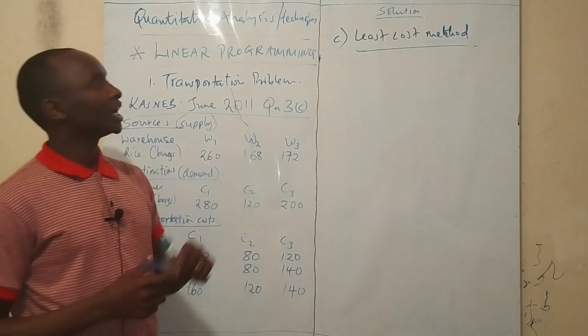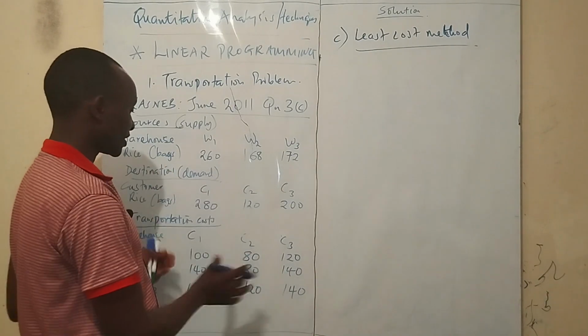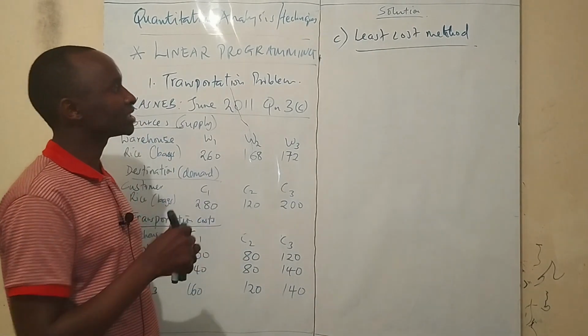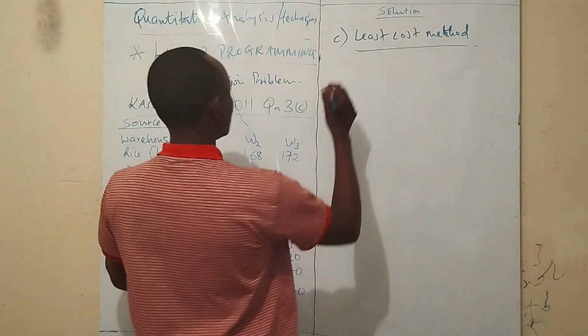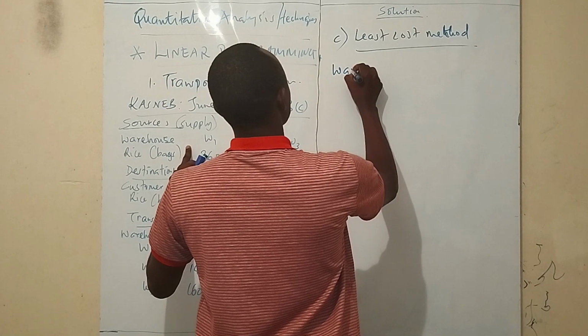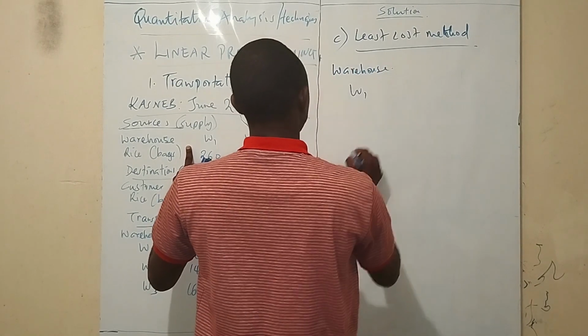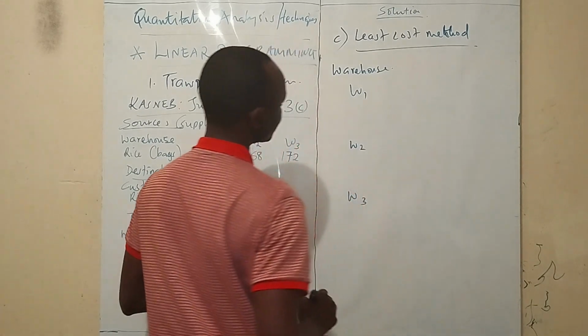You solve using the least cost method. So still we are going to create our own matrix from this information, and then we try solving it using the least cost method. So still we are going to say that this is from the warehouse number 1, warehouse 2, and warehouse number 3.